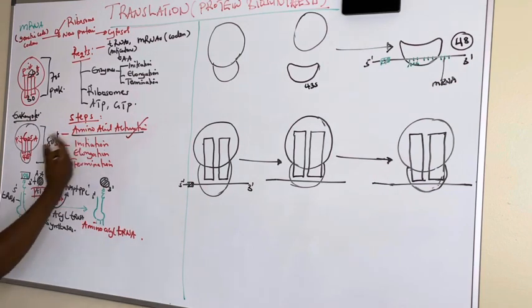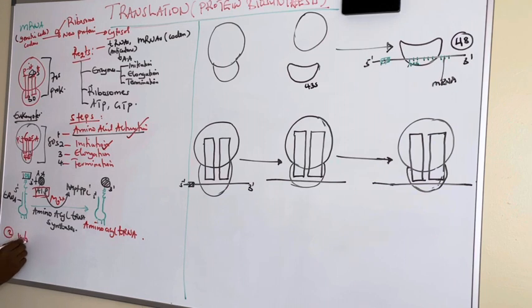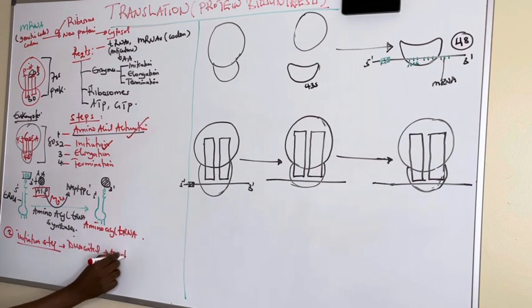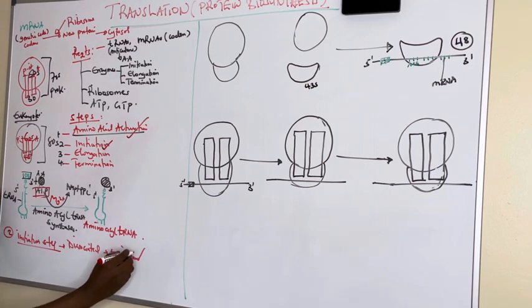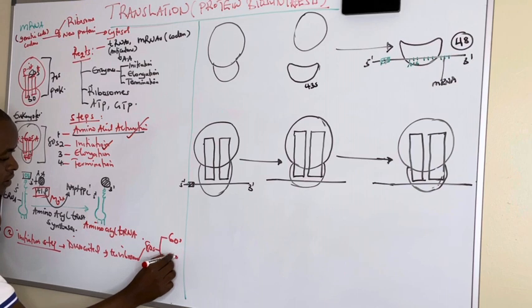After the first step of amino acid activation, we begin with the second step, which is initiation. The initiation step begins with dissociation of the ribosome, whereby in eukaryotes we see the 80S dissociating to give 60S and 40S.